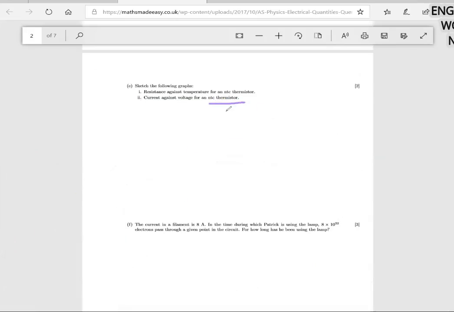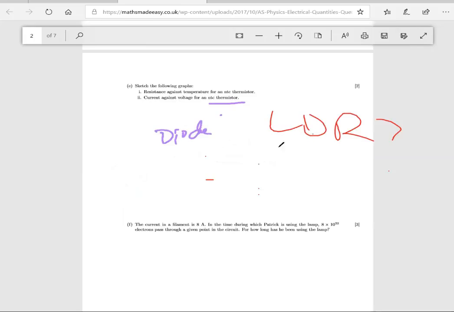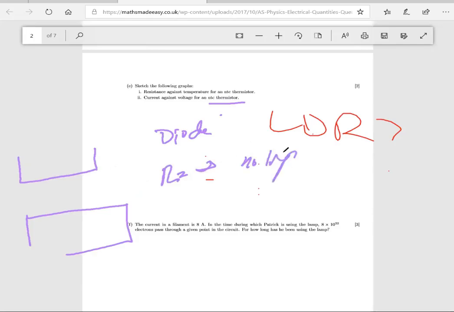Thermistor is your semiconductor. What else? What about LDR? LDR is also a semiconductor, because it also depends on light. This LDR also needs this gap, which is in between conductor and insulator. In an LDR, if there is no light, then your resistance should be high, because the electrons will be in the valence band.